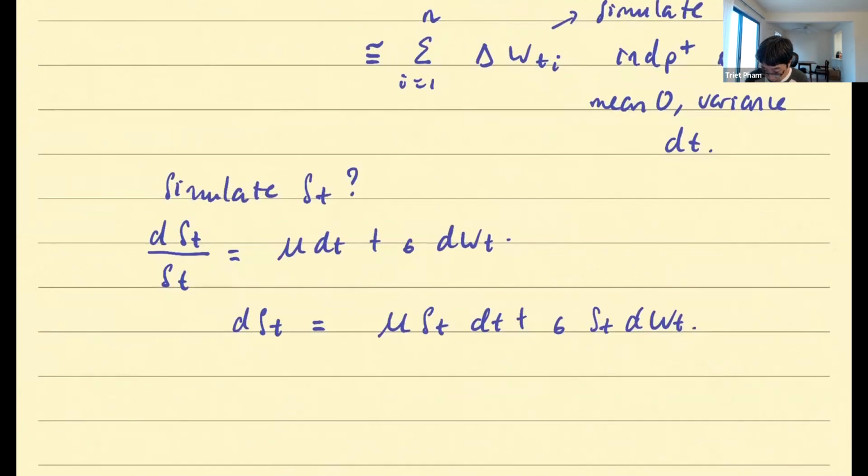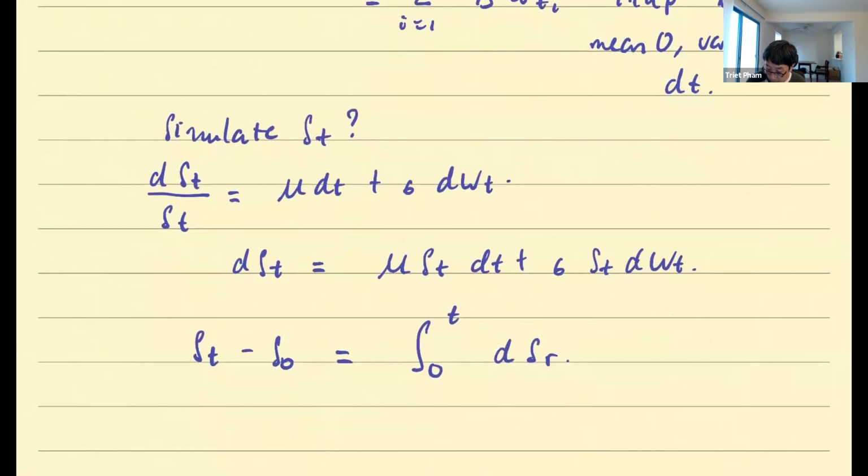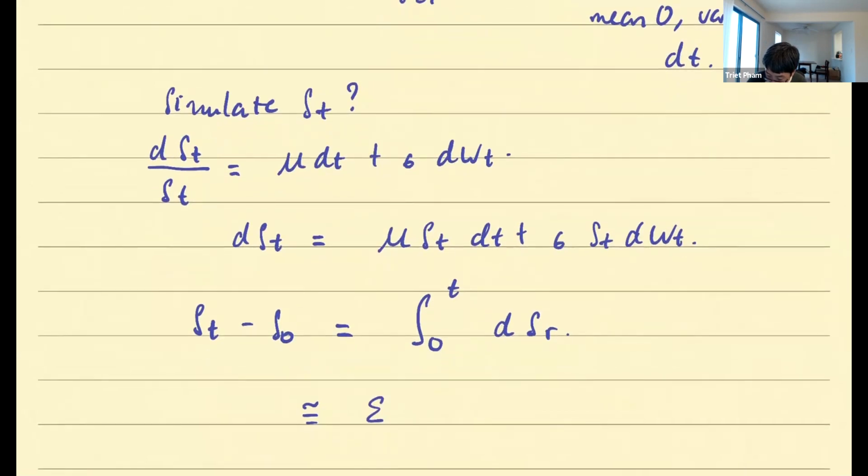Because remember that the stock price, following our principle, is the sum of its differential. Okay, so basically, again, all you do is sum mu S_ti delta t_i plus sigma S_ti delta W_ti, i from 1 to n.